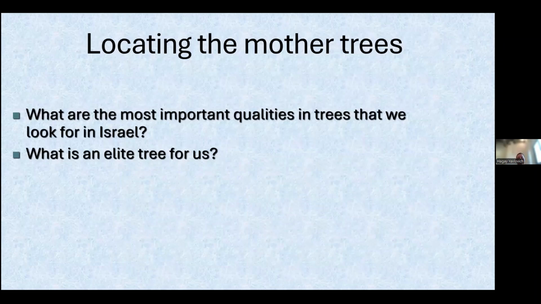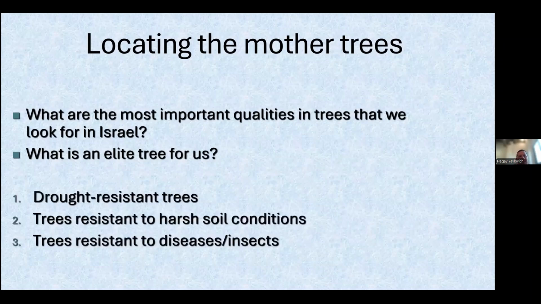Okay, so I think that in each country, or in every place, the best quality tree, the elite tree, is something else. So here in Israel, the elite tree for us is a drought resistant tree, because we have a problem with water, with rain.